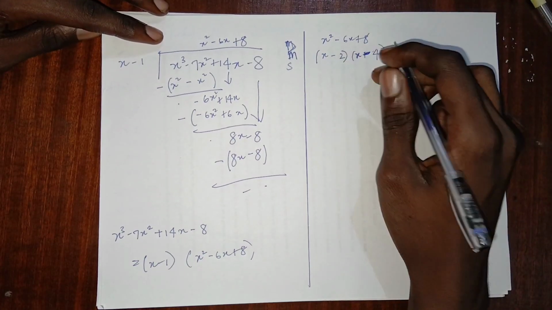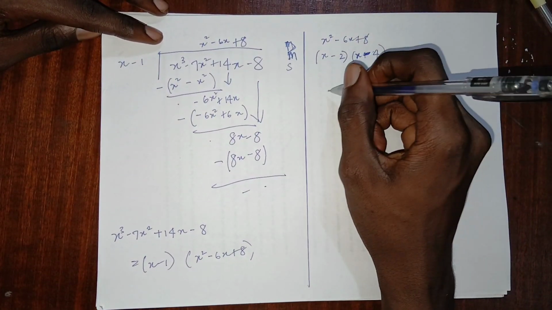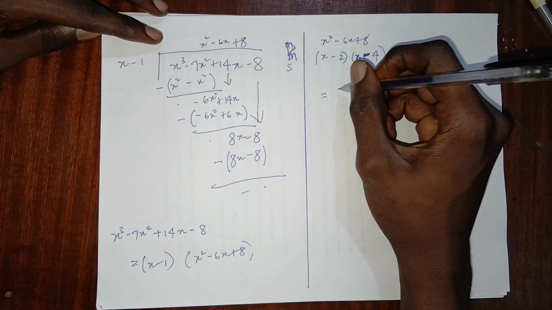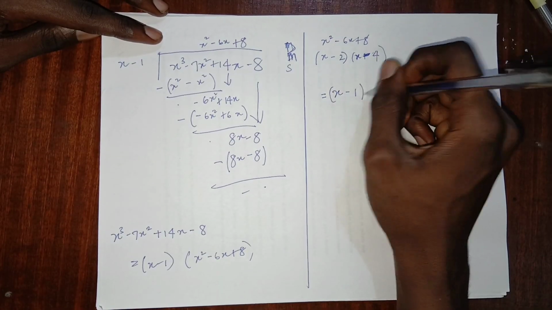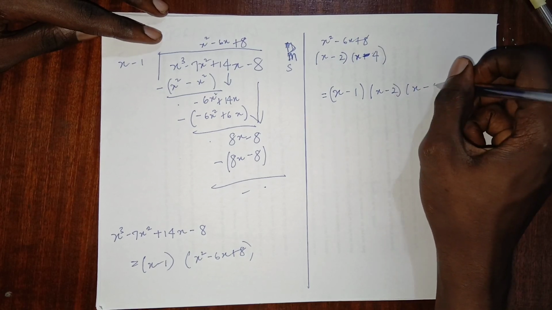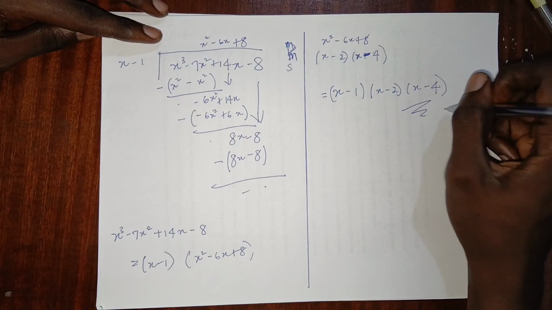So these are the two values. Your final answer for factorizing this: you bring this back, x minus 1, x minus 2, and x minus 4. So we have completely factorized this.